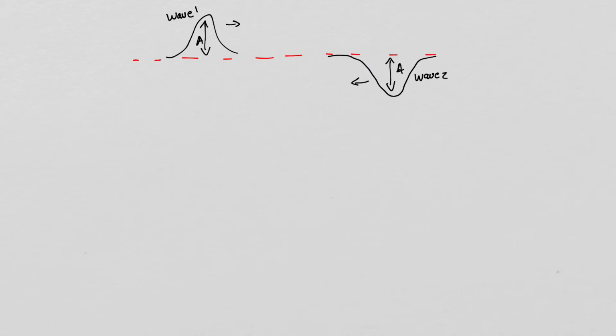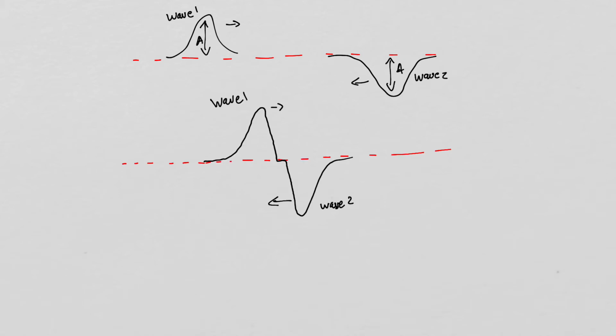Let's also look at the interaction of two waves with the same amplitudes. One that is generated above like so, and the other one on the other side of the rope below, and they're moving towards each other. When the two start to interact with each other, we can still make out the individual peaks, but they start to combine around this region.